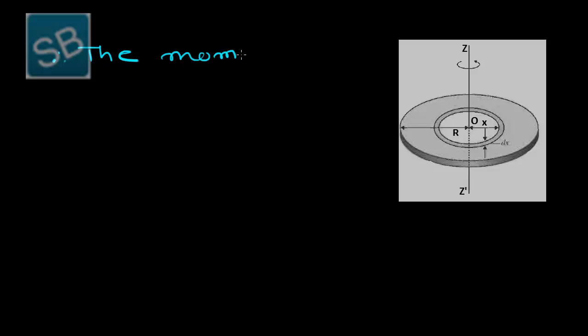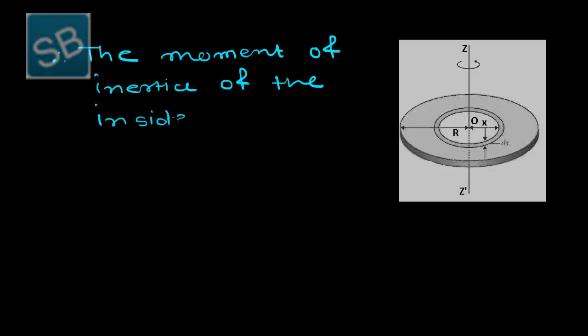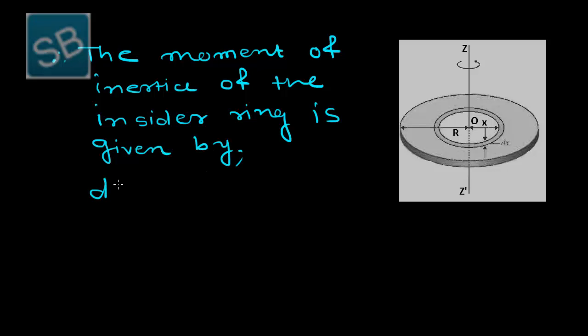Therefore, the moment of inertia of the ring is given by di is equal to the mass of the ring into the square of the radius of the ring, that means m into r square.